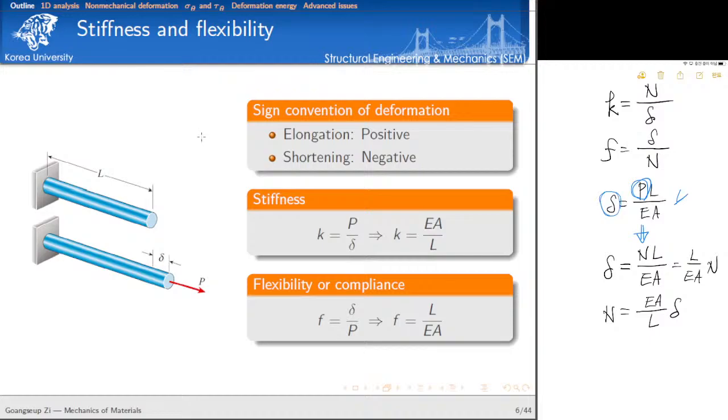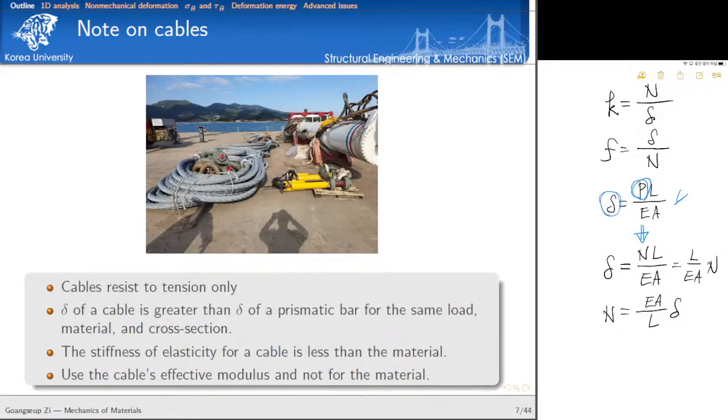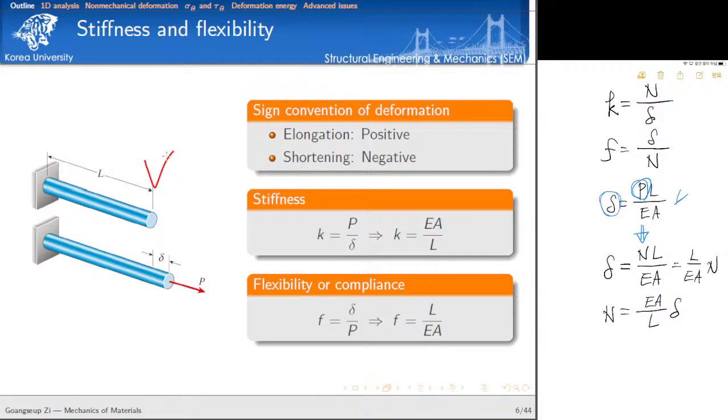So now I want to consider the real problem here. I have a bar, the real bar, and if I look at the right hand side, I have a concentrated load here. Because of this load, there must be some elongation.